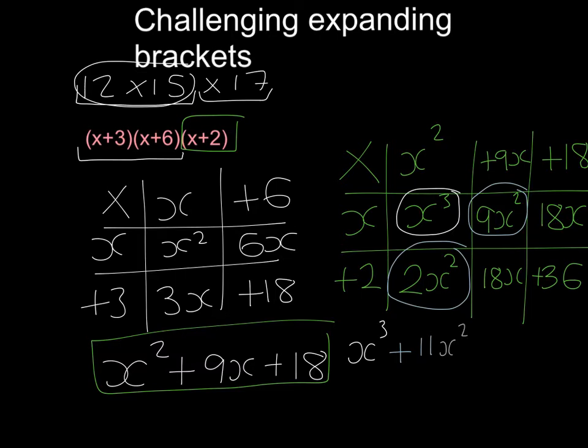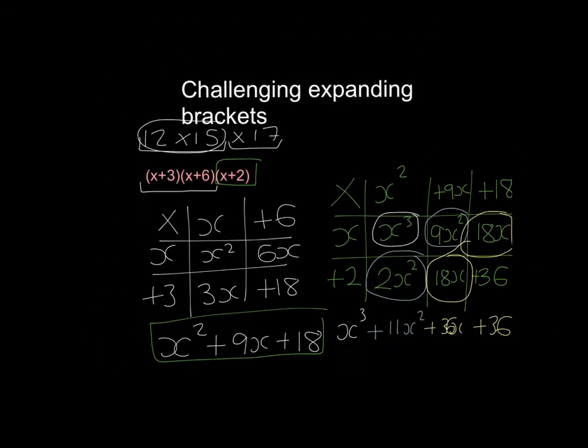So they can go together. If we look at the x's then, we've got 18x and another 18x, giving us 36x in total. And then the number on the end plus 36. And that's your final answer.